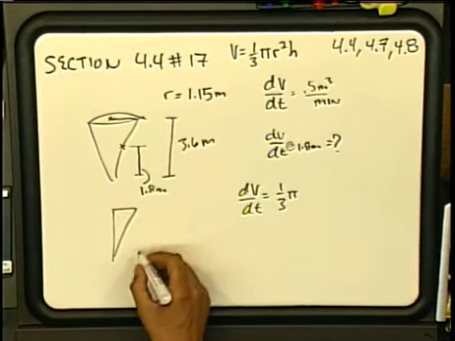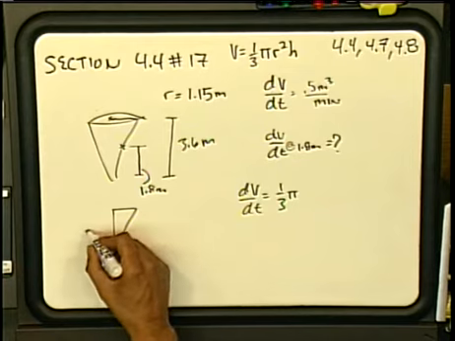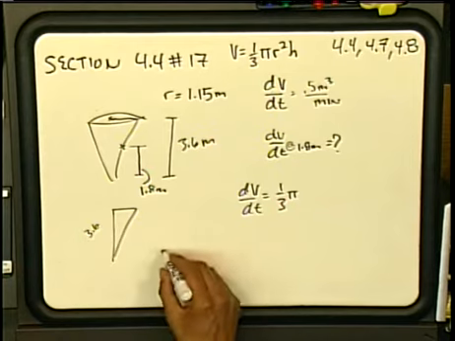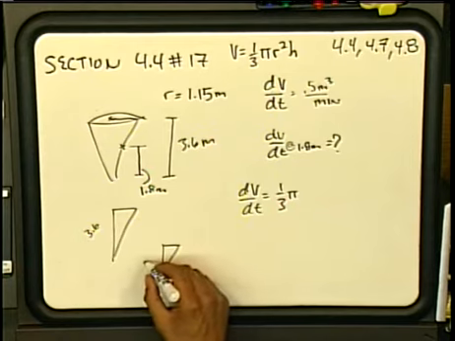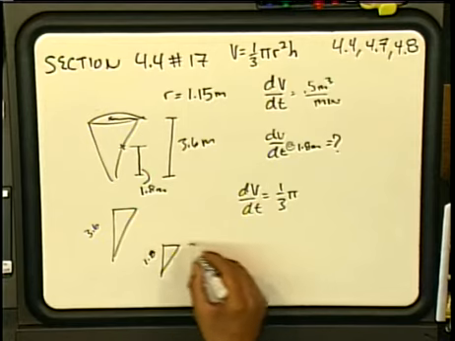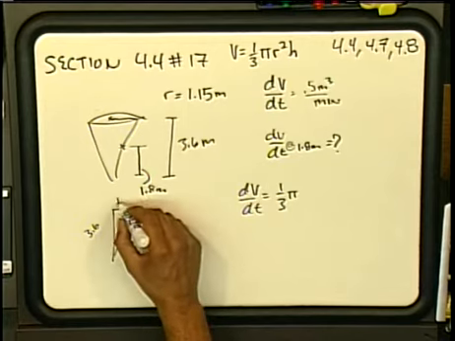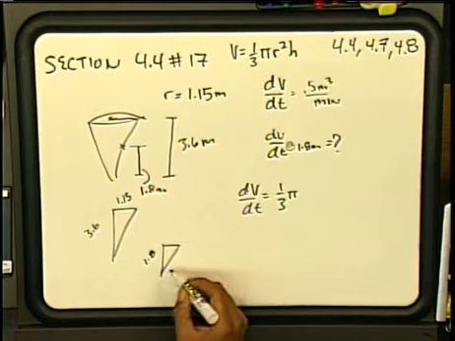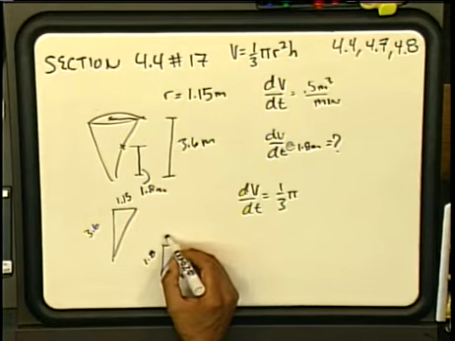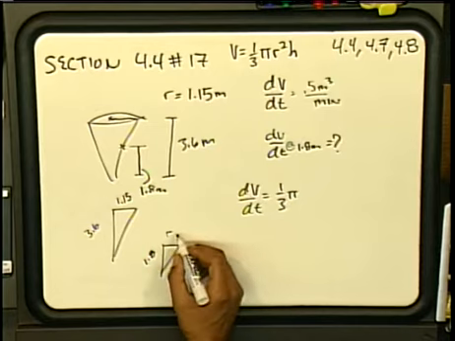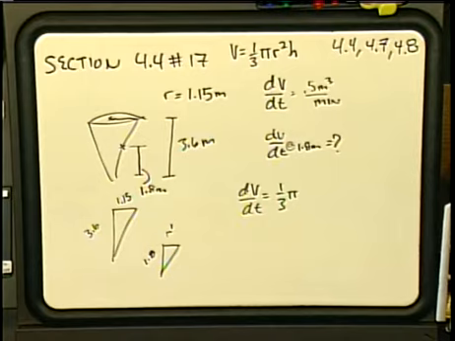Think about this. This is your big cone, and this is your little cone. This is 1.15, and this you don't know, R prime.